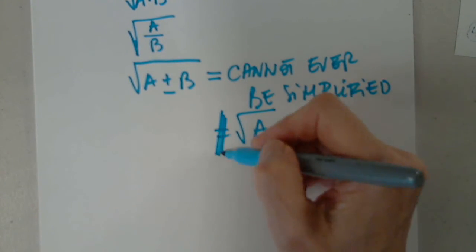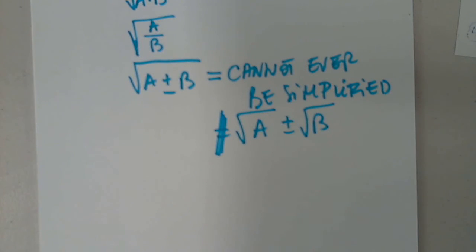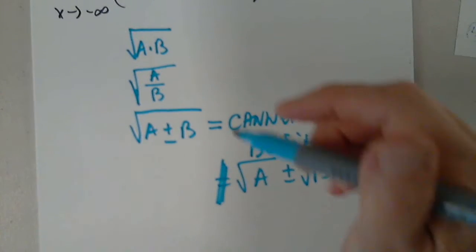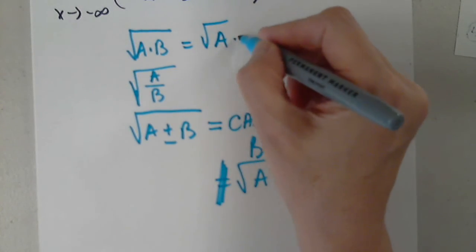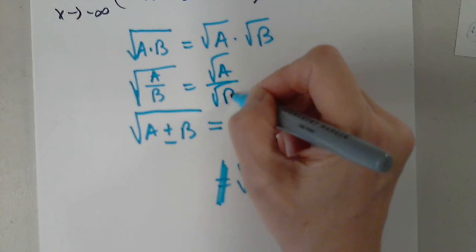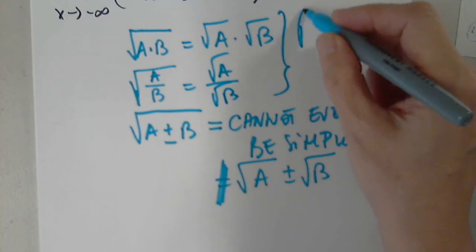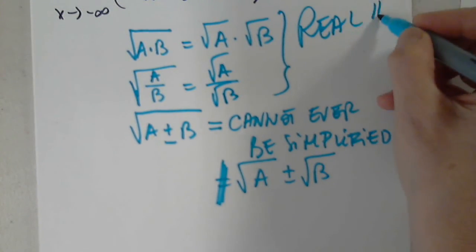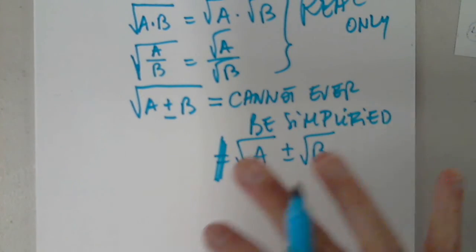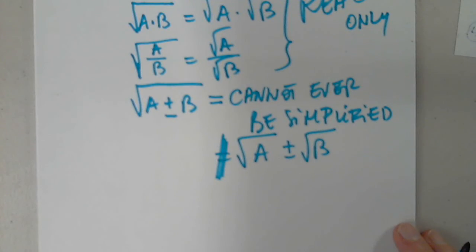Ever. It may be some other way, but not like this. Ever. So this is possible. This is possible. With real numbers only. If one of them is imaginary, the whole thing changes.